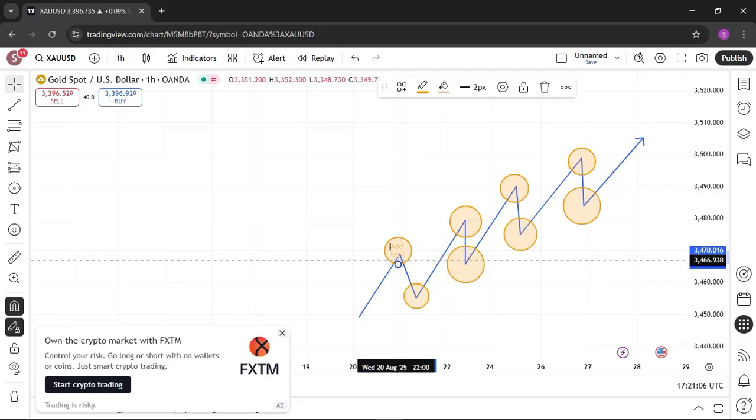Okay, so this point you are seeing, we call it higher high.